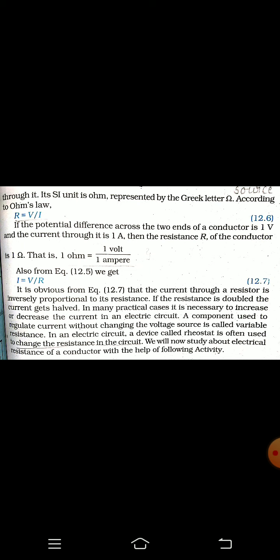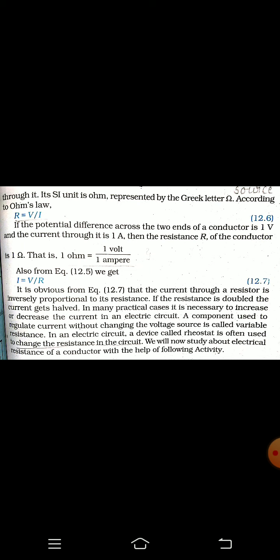When they are inversely proportional, what does this mean? You have already studied direct and indirect proportions. When they are directly proportional, for example V and I, that means if V increases, I also increases. If V decreases, I decreases. Here, electric current I and resistance R are inversely proportional. What does this mean? If one increases, the other quantity decreases.